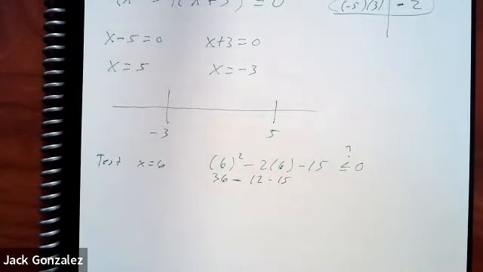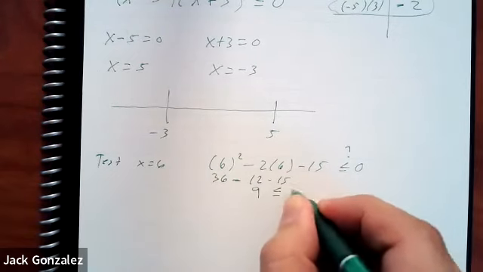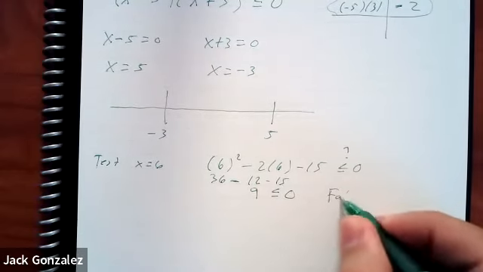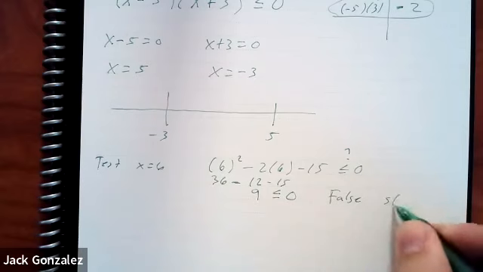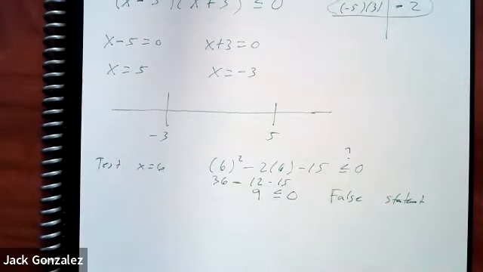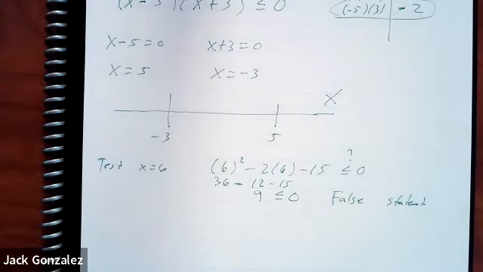Is that less than or equal to 0? Looks like 9, right? Is this less than or equal to 0? No. False statement. So we're not gonna conclude anything above 5.